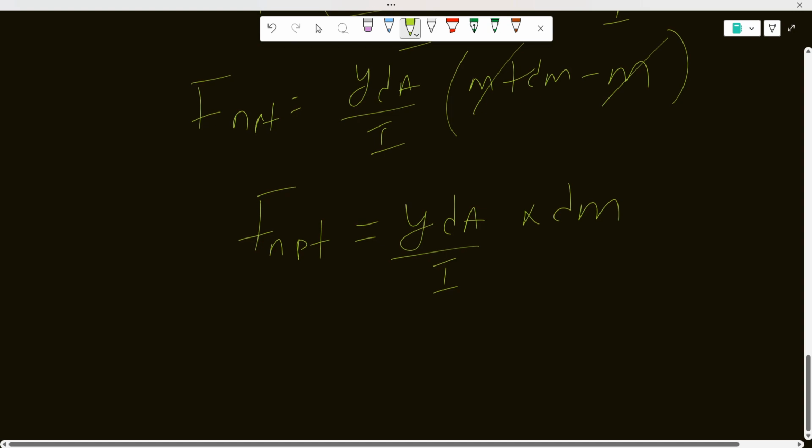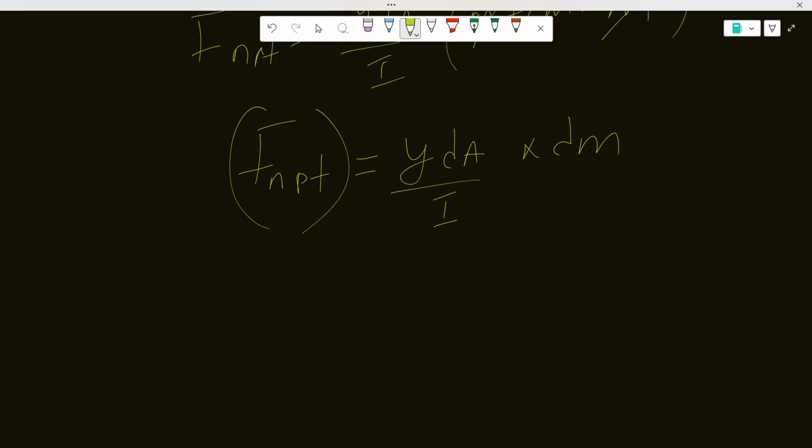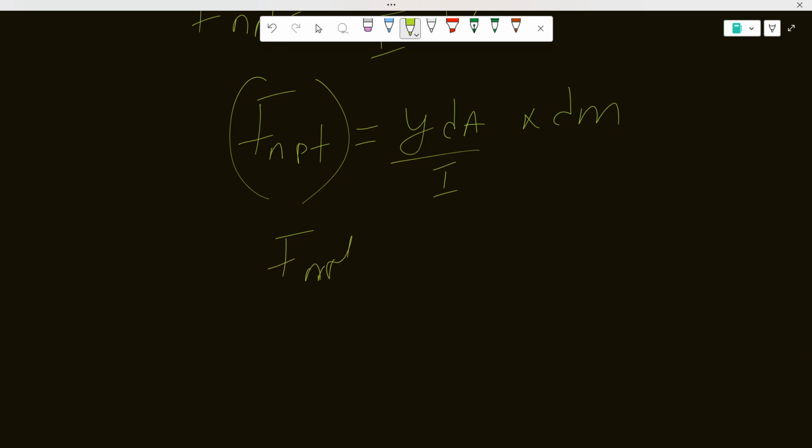This is it, guys. But this is just for a single cylindrical bar. Remember, for the sake of simplicity, we're just dealing with a single bar. So F net is equal to y dM over I times dA.